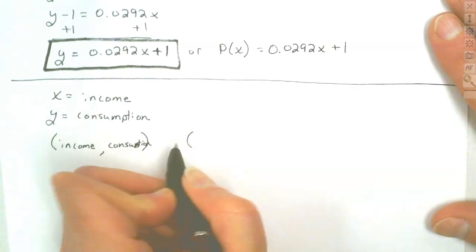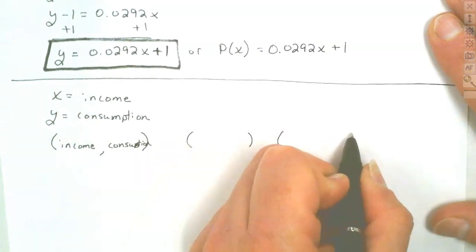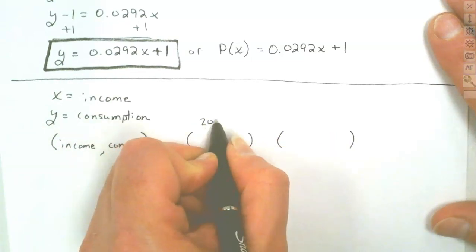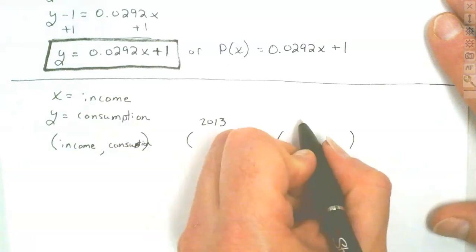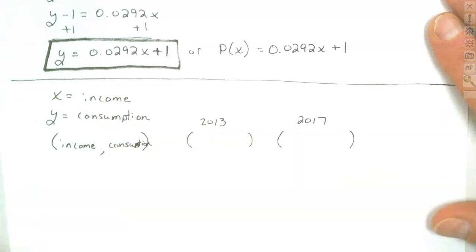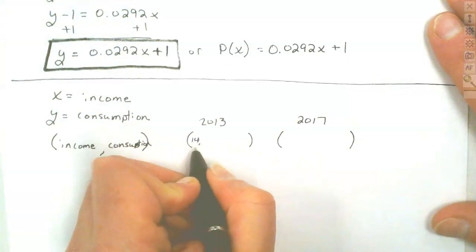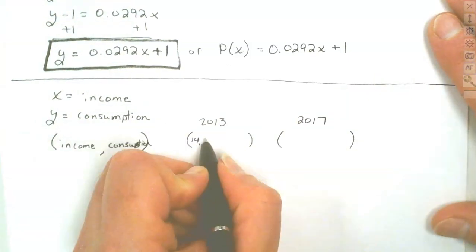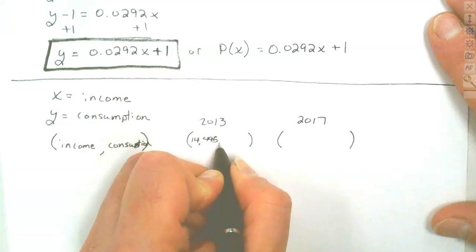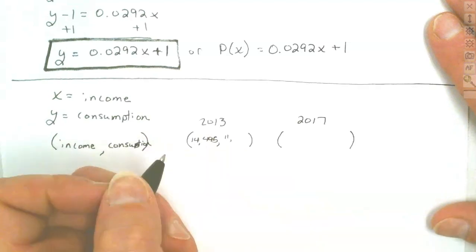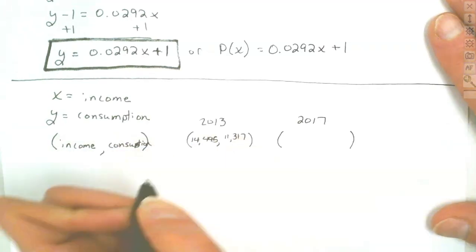So we've got some years here. We're going to compare these values, and we've got 2013, and we've got 2017. And in 2013, our income was $14,495, and the consumption was $11,317.